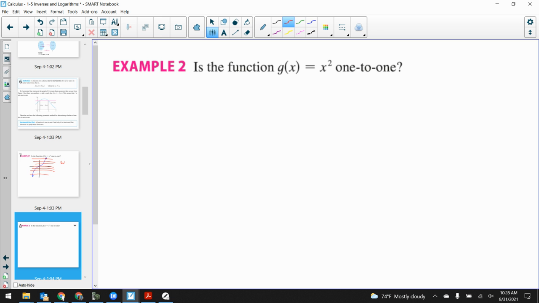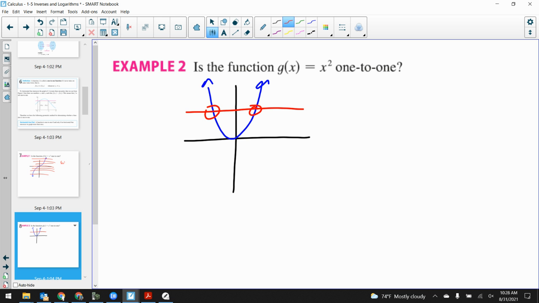Okay, what about the parent quadratic? What about x squared? Is x squared one-to-one? No, it is not one-to-one because it does not pass the horizontal line test. So my answer to this would be no, which makes sense because when I take the inverse of an x squared, it's a square root.